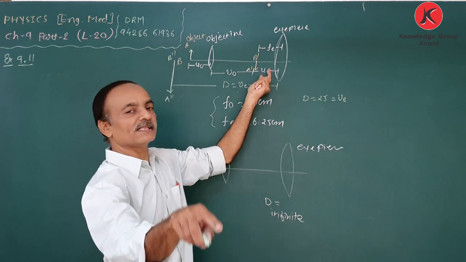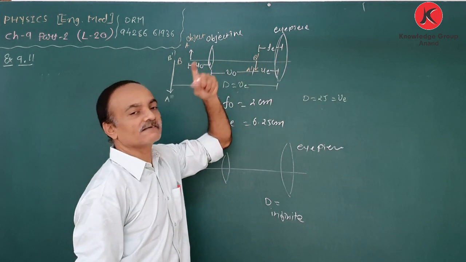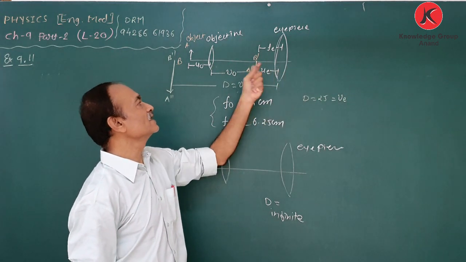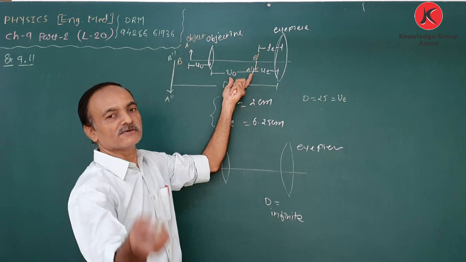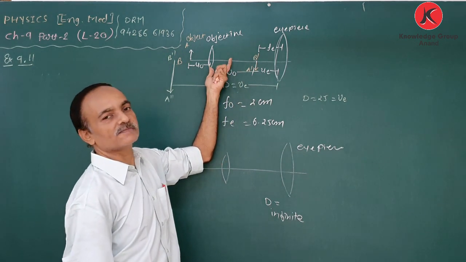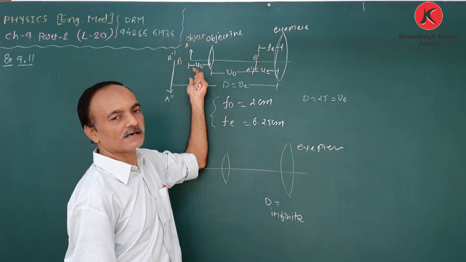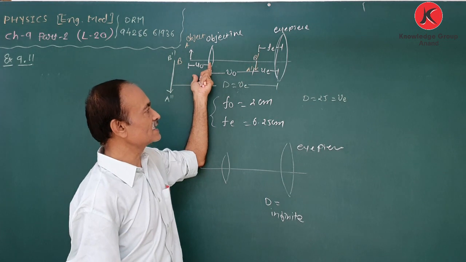After obtaining UE, the distance between these two lenses is given as 15 centimeter, so 15 minus UE gives V0. Again we use the lens equation for the objective, so we obtain U0. That is our requirement. Clear this? Okay.